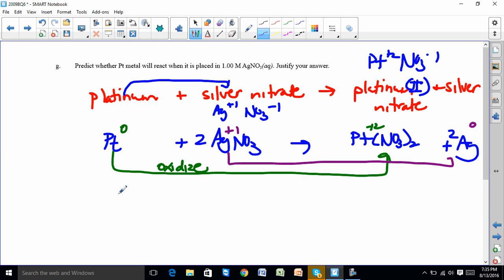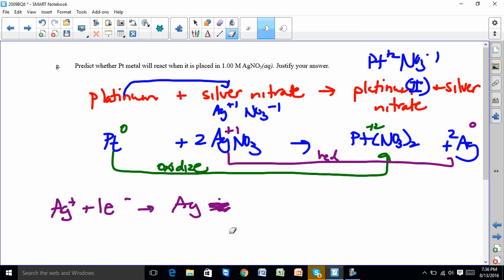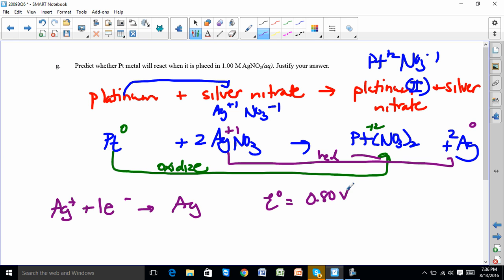And so going back, silver is reduced. Its reduction potential is, sorry, let me grab the eraser. Its reduction potential is 0.80 volts.